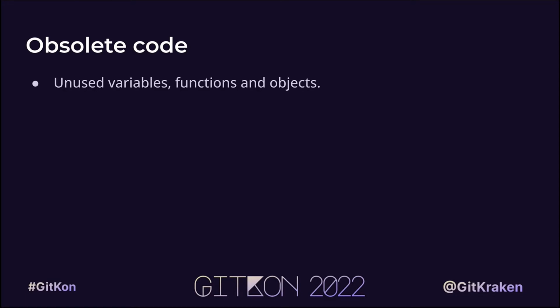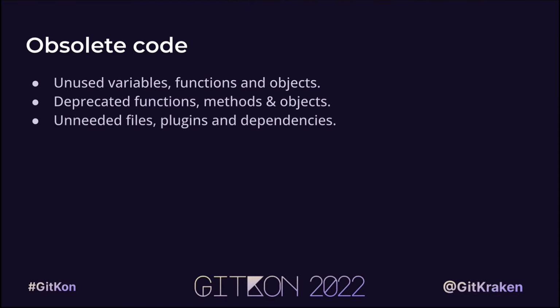Obsolete code are those unused variables, functions, and objects that exist in your code base but are no longer being used for whatever reason. Or there's functions, methods, and objects that have been deprecated and replaced by newer versions or updated models, but they still exist.